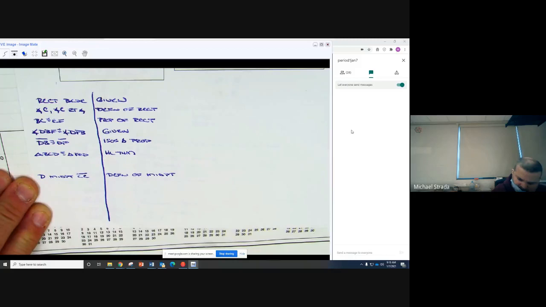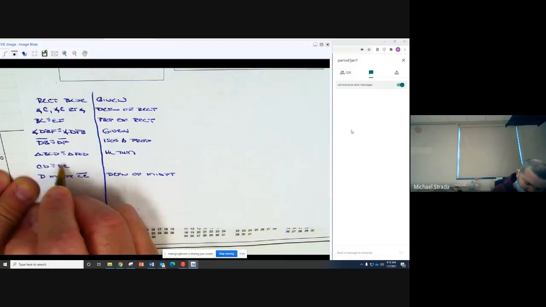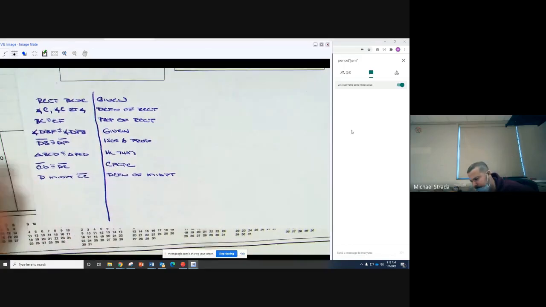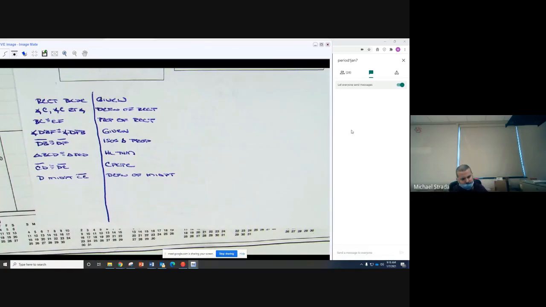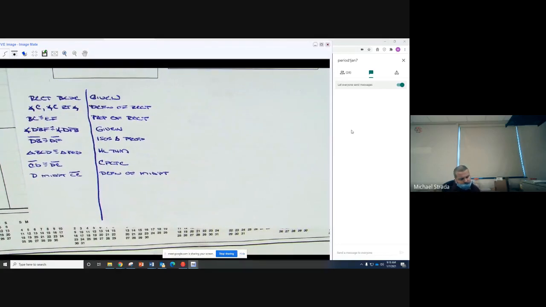That guides me to say that CD congruent to DE by CPCTC.